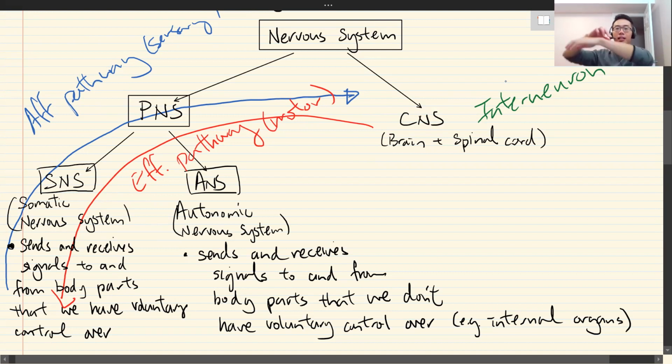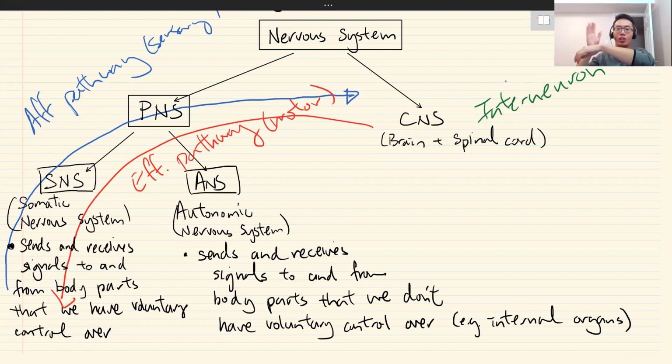If I pinch myself, it hurts, or someone else pinches me, it hurts. The hurting on the hand, is it going to be detected through the SNS or the ANS? SNS, through the SNS. Exactly, because I normally can control my hand, right?